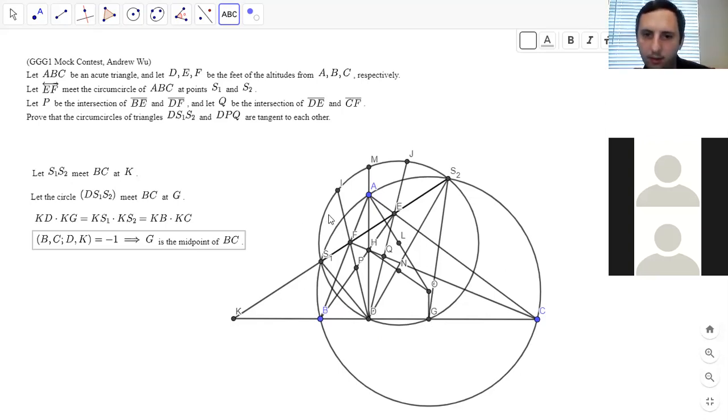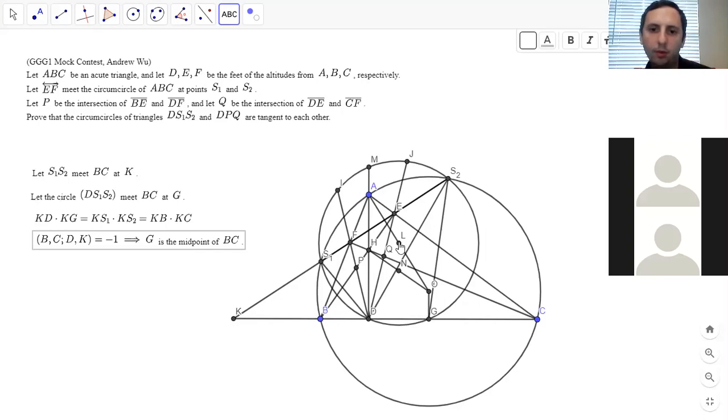So L will lie on the perpendicular bisector of DG. And L will lie on AO too, because AO is the perpendicular bisector of S1 S2. But LN is parallel to AH, and N is the midpoint of OH, so L will be the midpoint of OA.